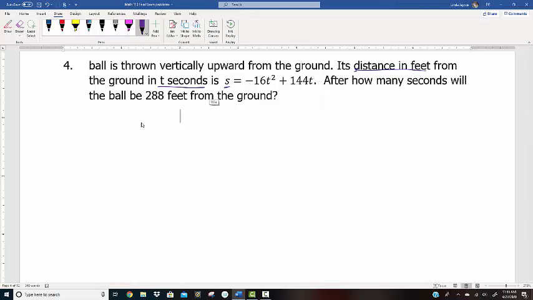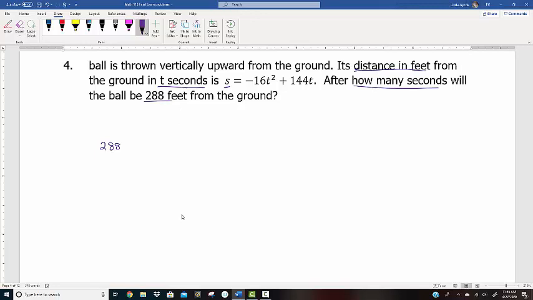Okay, well, if this is our equation, now the rest of the statement says how many seconds will the ball be 288 feet from the ground. So that means that S becomes 288.